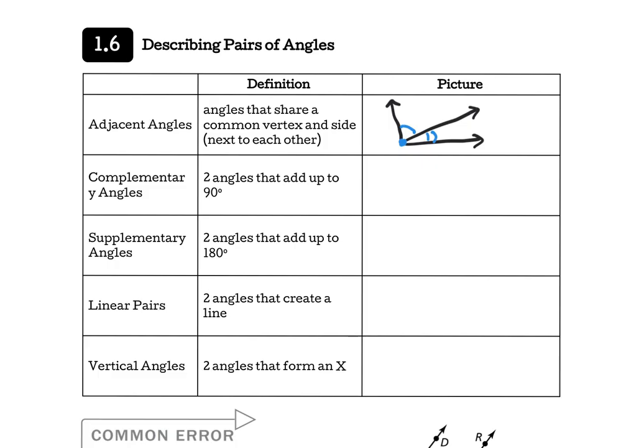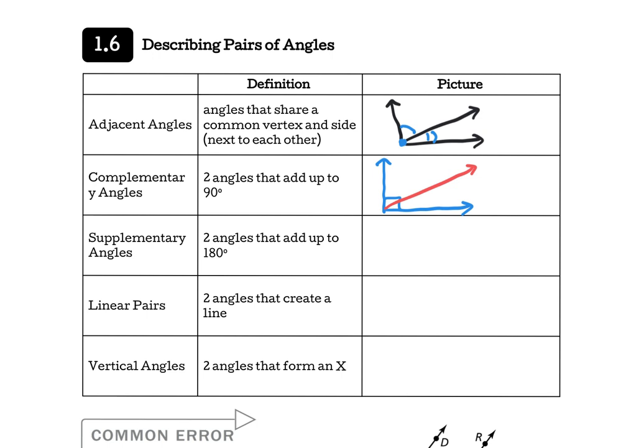Okay, complementary angles are two angles that add up to be 90 degrees. So first of all, we've got to have a right angle. That would be the angle that we saw yesterday. And then if I take a ray and go to the inside of this angle, it doesn't have to be right down the middle.